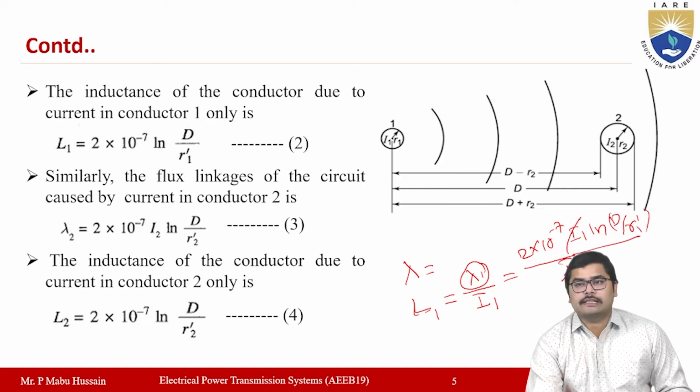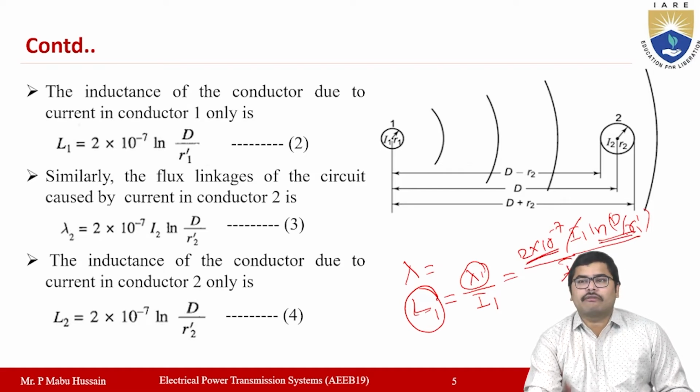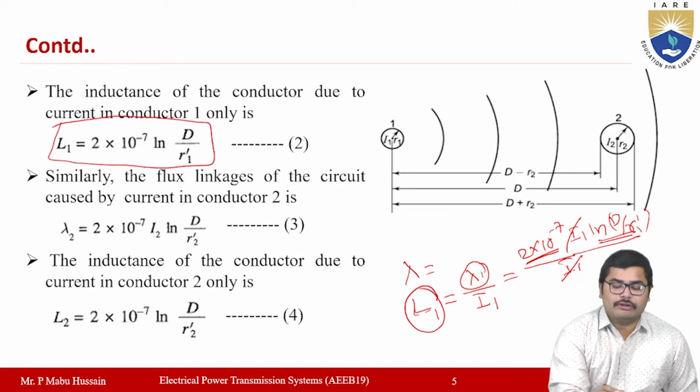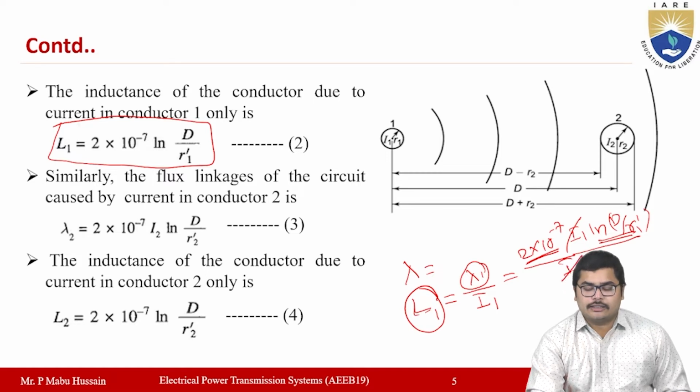So I1 gets cancelled, and the inductance of conductor 1, L1, is equal to 2 into 10 power minus 7 ln D by R1 dash. Let this be equation number 2.